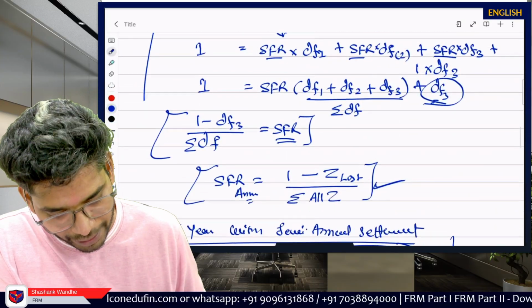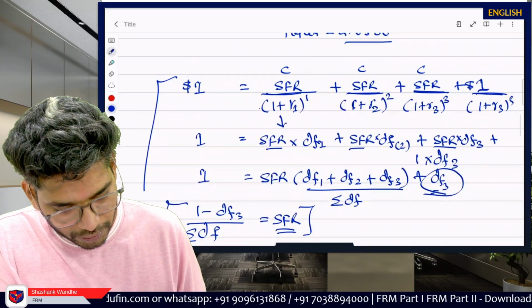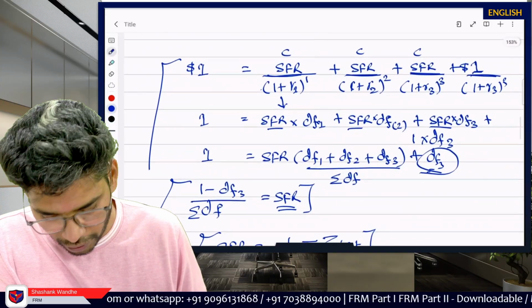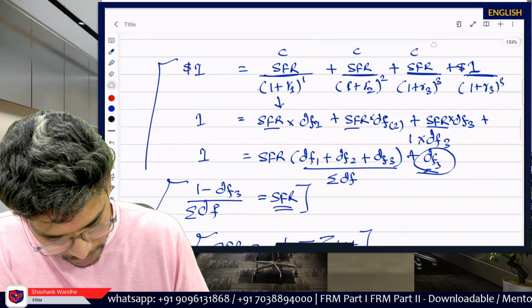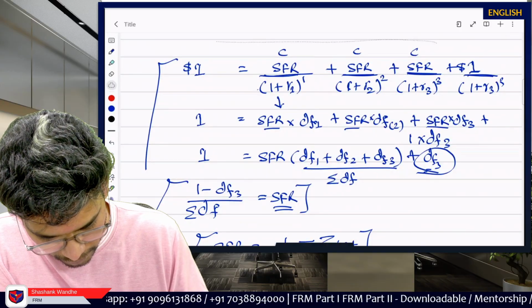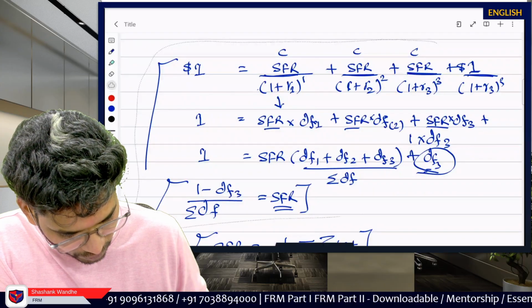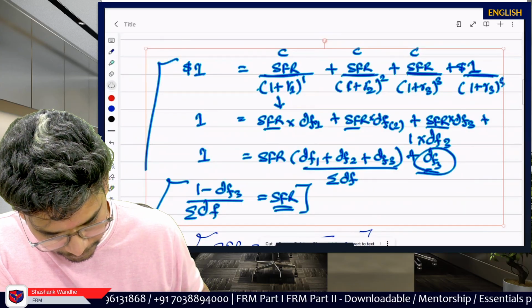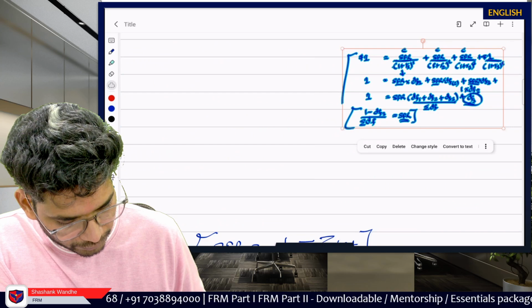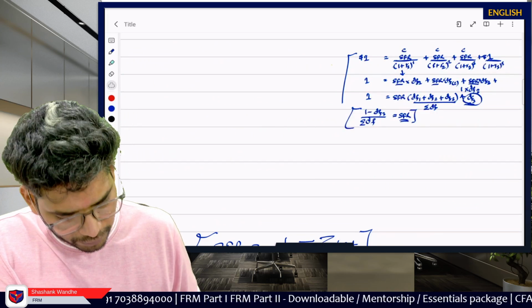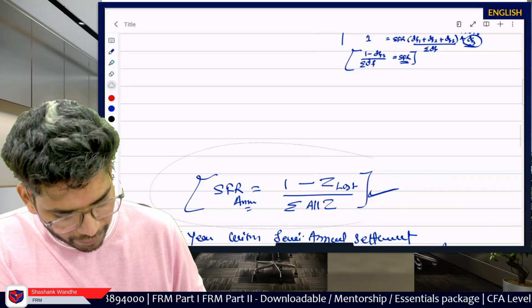Then we'll come back to our original formula. I'll just minimize the not required portion. I hope this is visible for you. This is the formula we will need.